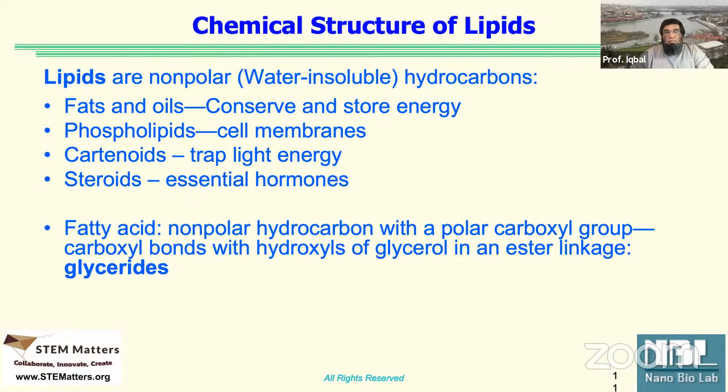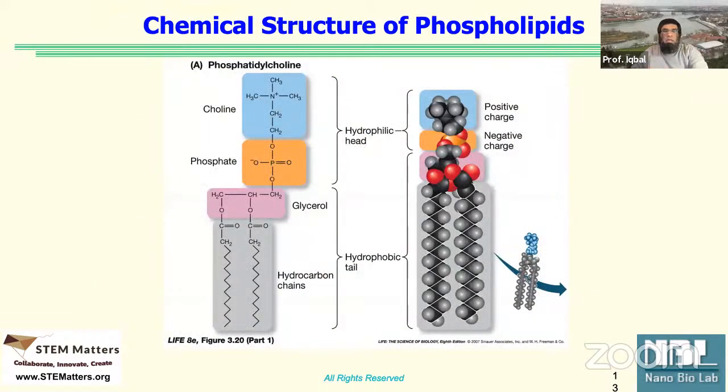The phospho portion is hydrophilic, so that goes to the outer side, and it's okay with water and other polar molecules also. The lipid tails are hydrophobic, so they are to the interior of the bilayer, kept away from water or exposure to water, right? So this is just the basic structure of phospholipids.